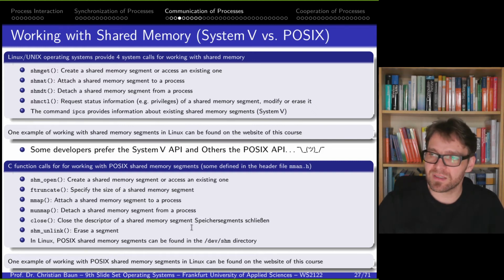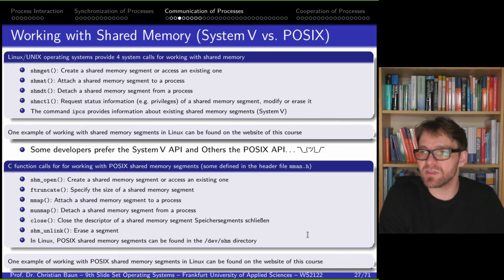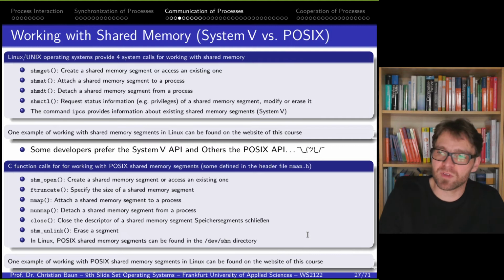Interesting thing with the POSIX API: if you create POSIX shared memory segments, you can see them if you check the folder /dev, and here you will find a subfolder shm. In the /dev/shm folder you will see files, representations of the POSIX shared memory segments on your system.